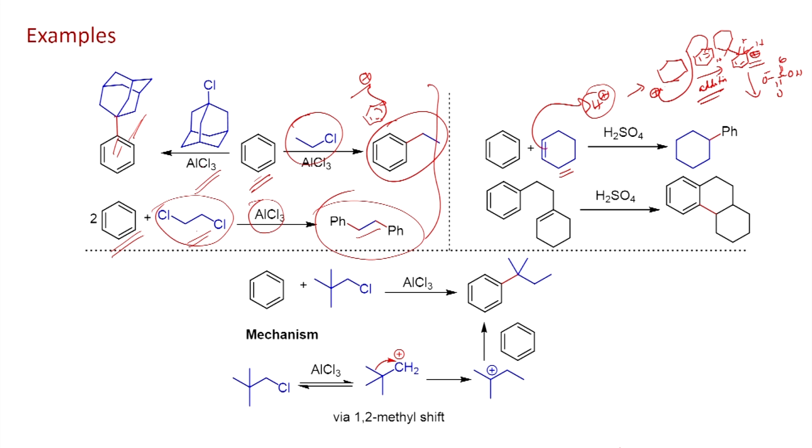So, once you form this one, now this can act as a base, removal of this proton, and then you will be able to form the cyclohexyl benzene as a product.